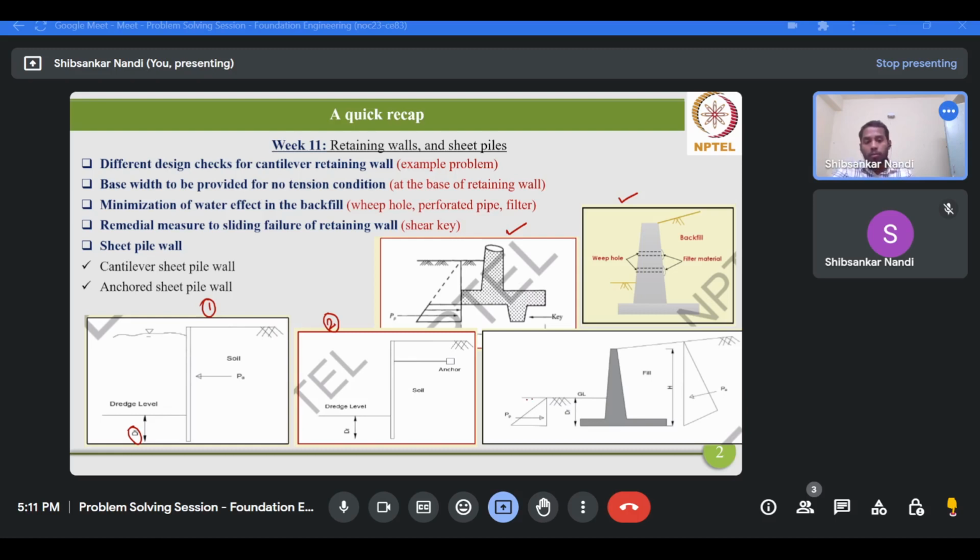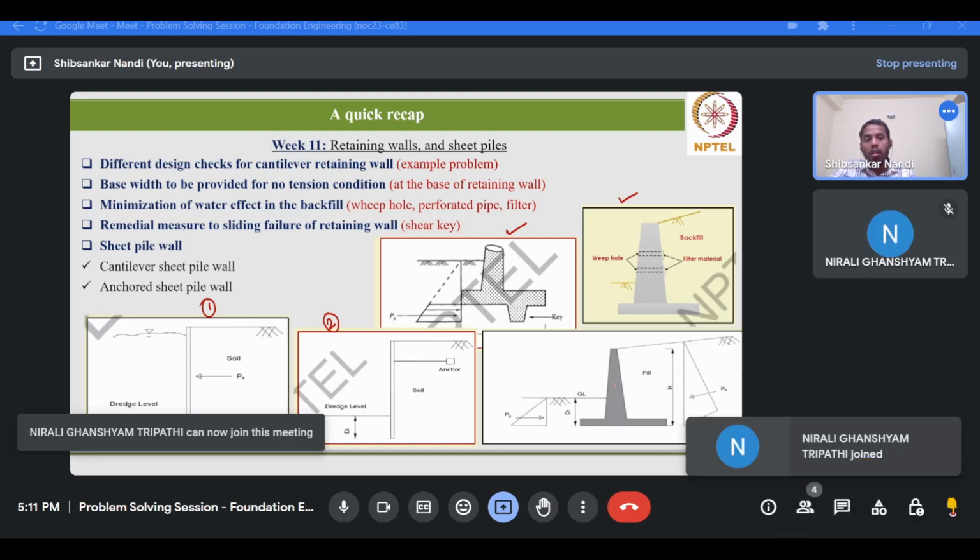So the major fundamental difference between this sheet pile wall and the retaining wall is that this retaining wall is a rigid wall, so it basically derives the resistance against the earth pressure due to its self weight only.